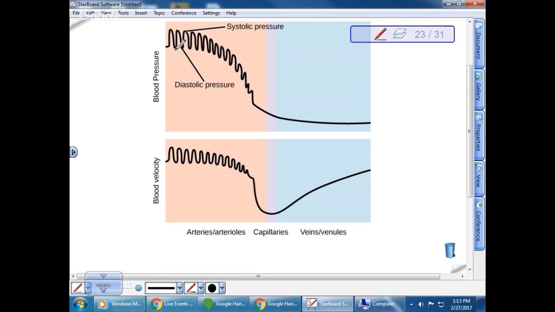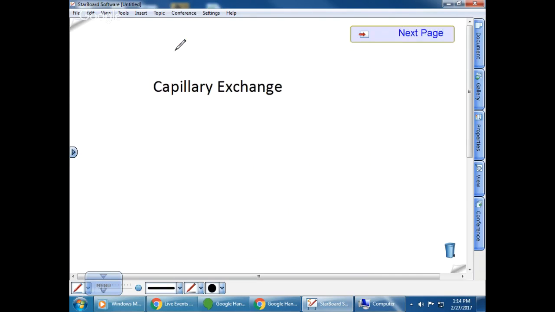And then you'll notice that when you get to the capillaries, the blood pressure and velocity slow down dramatically. That is because the capillaries are very narrow and very thin, so there's lots of resistance to flow. So we lose the pressure at the capillaries, and we also lose some of the fluid in the blood, which has to go out into the tissues. And so we're going to next talk about capillary exchange.